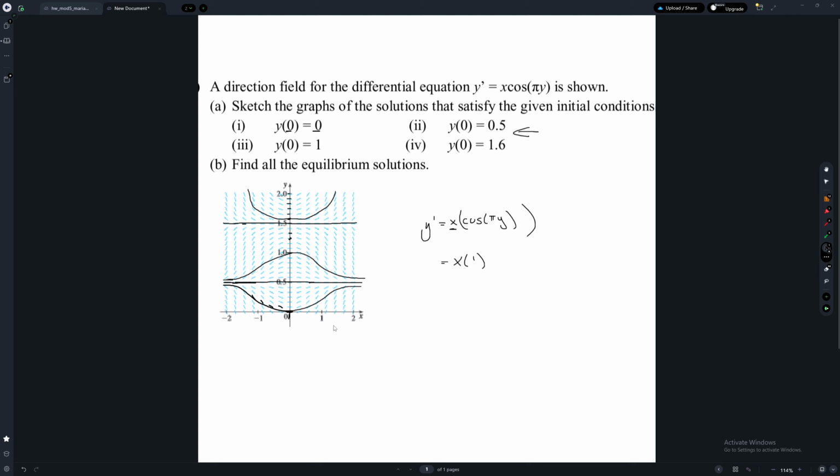And then if you go to x at 1, and I do 1 times 1, because my y here was 0, that will give me a slope of 1. And you see when I go here, the slopes are actually 1s, and so they're not 0s. And so you can do all sorts of things like this to confirm direction fields with equations. And yeah, this was a short video.